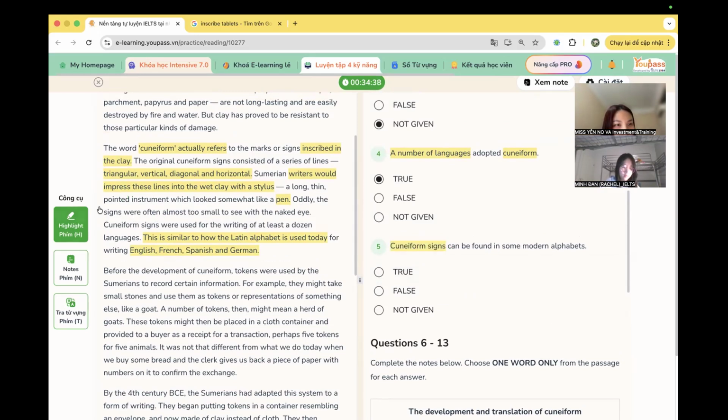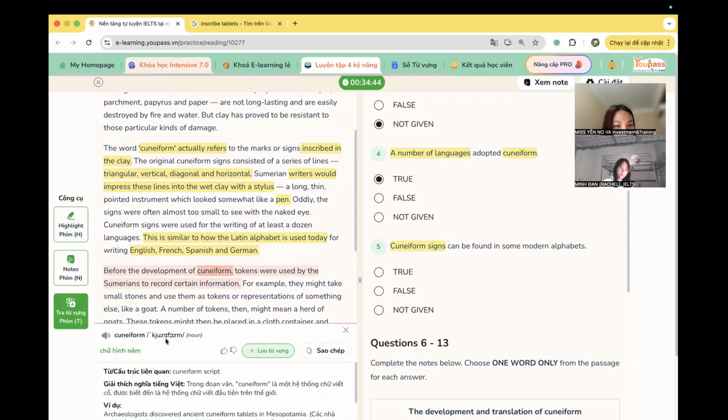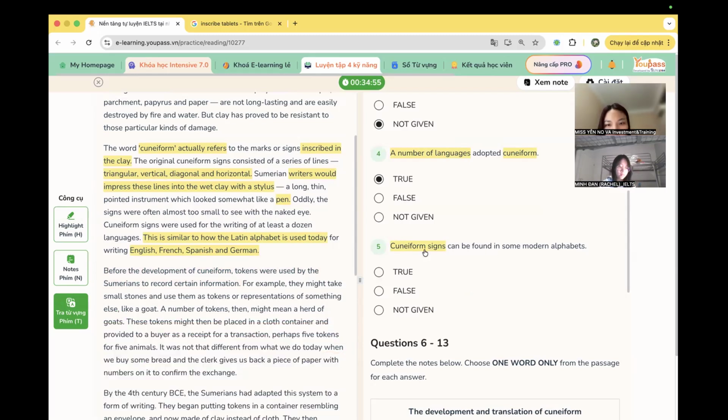Now this one, try to have it properly. Cuneiform. Cuneiform. Chữ hình nêm. So it's just like Chinese. Chữ hình tượng. So cuneiform signs can be found in some modern alphabets. That's tricky. They mentioned that this is similar to how the Latin alphabet is used today for writing English, French, Spanish, and German.